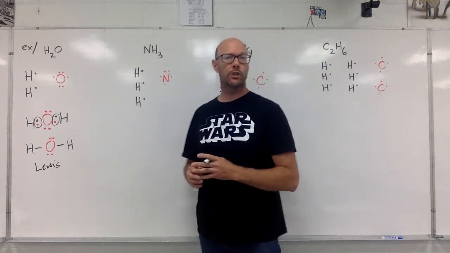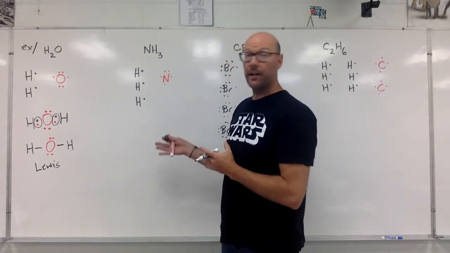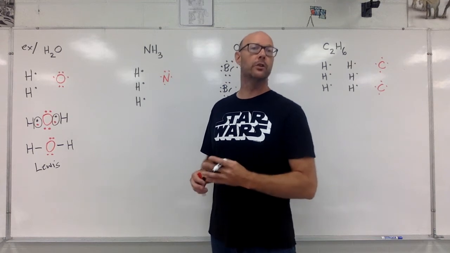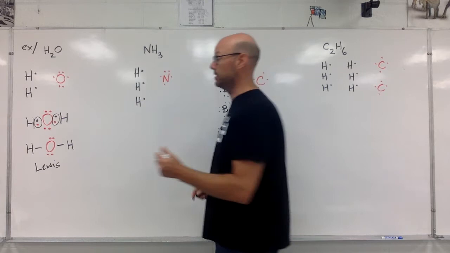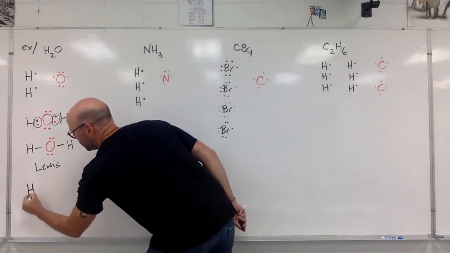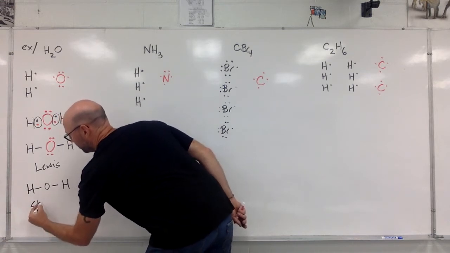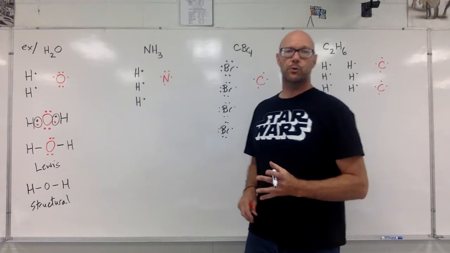To do a structural diagram, we're going to do the exact same thing. The final answer is the same, with the exception of we're going to leave off the lone pairs. So I'm going to switch the oxygen to black for consistency. We have the hydrogen. This is the structural diagram.